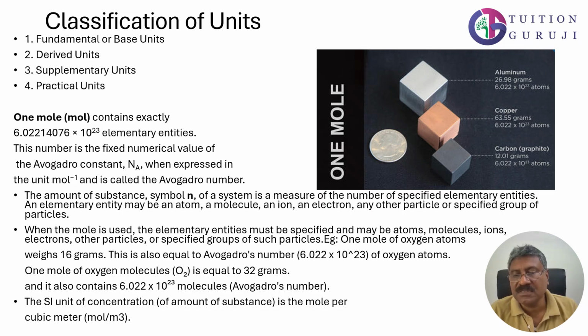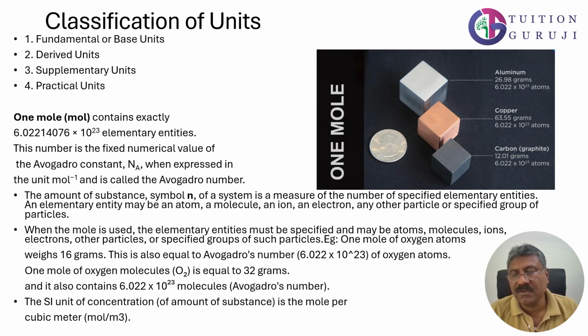That means the atomic mass is 63.55. So in 63.55 grams of copper, there will be 6.022 into 10 raised to 23 atoms. Similarly, the atomic mass of aluminum is 26.98. Therefore, in 26.98 grams of aluminum, there will be 6.022 into 10 raised to 23 atoms.